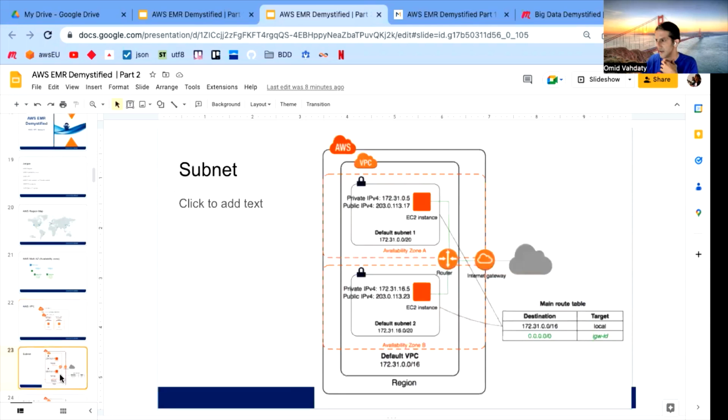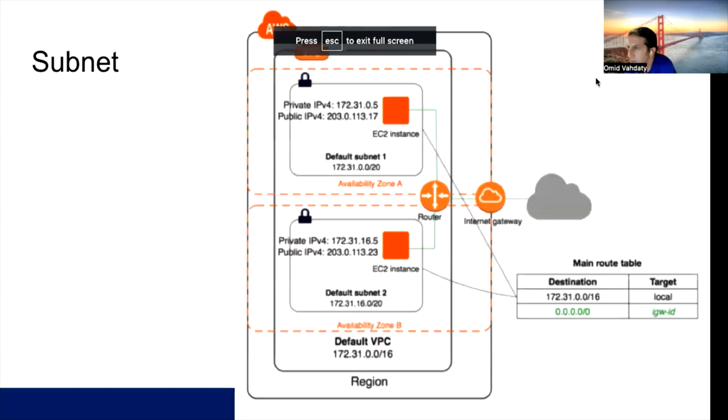So what's that? What you can see here for this example, this is a rather complicated example. Allow me to do this, maybe it will be easier. What you can see is, again, a VPC that spans the region. The orange is availability zone A and availability zone B. A router and an internet gateway, and this is the internet. So what you see here is EC2 machines with two IP addresses.